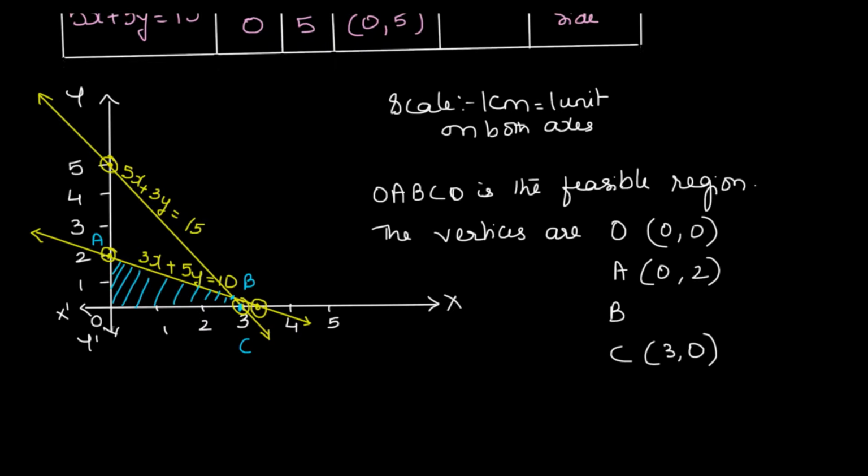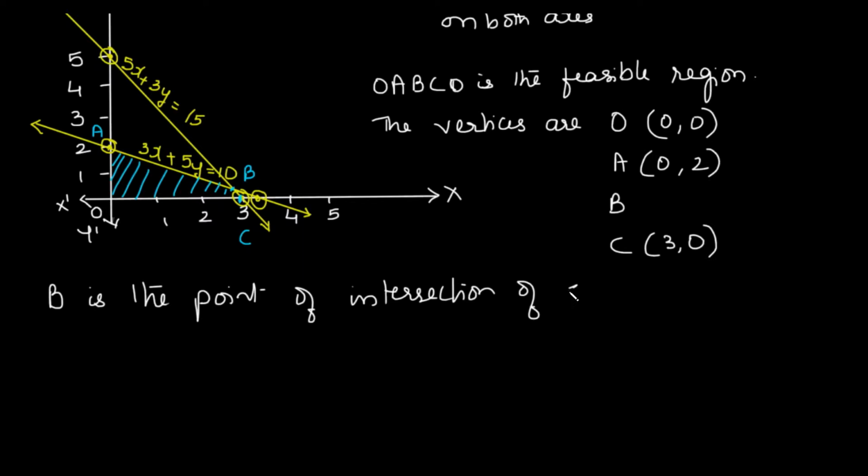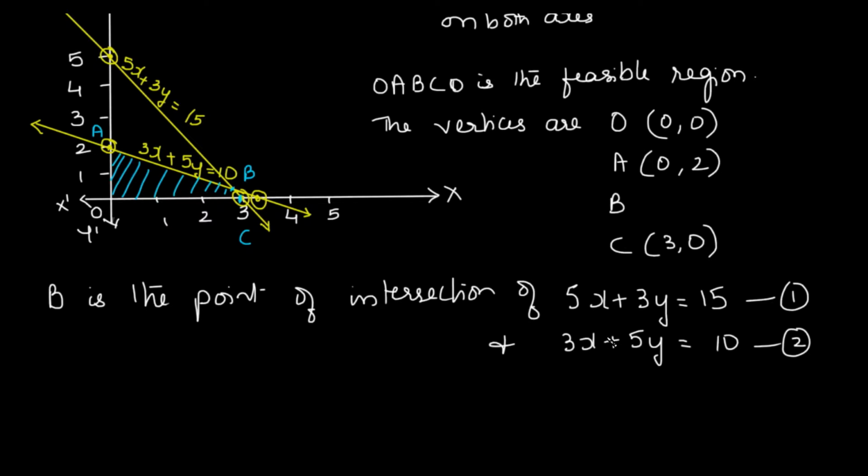So as usual, let us try to find out B. We see that B is the point of intersection of these two lines. That is 5x plus 3y is equal to 15, say this is equation 1. And the other line, which is 3x plus 5y is equal to 10, the second one.